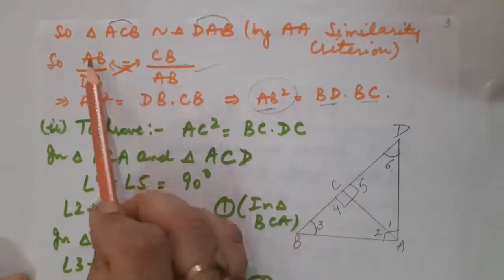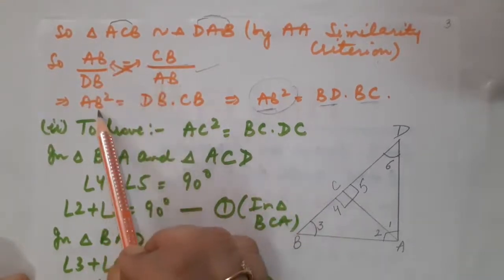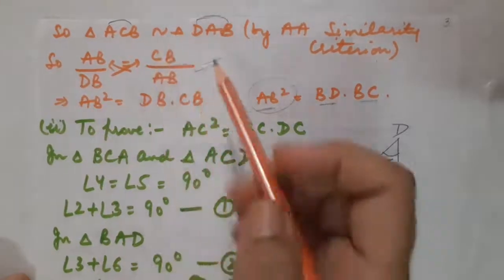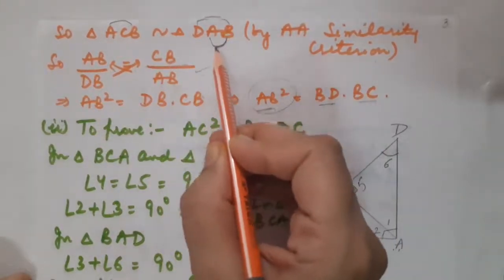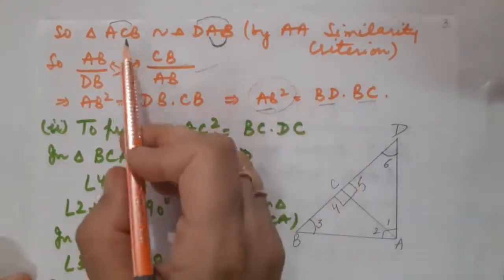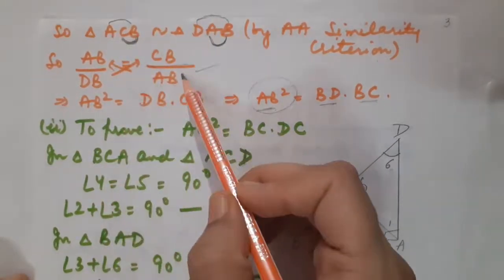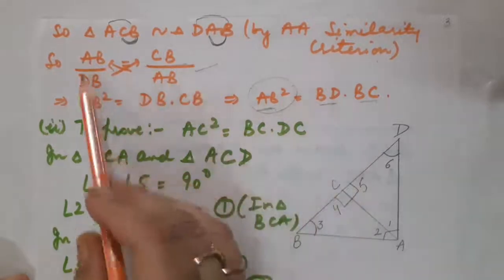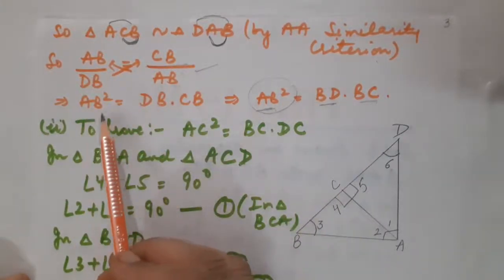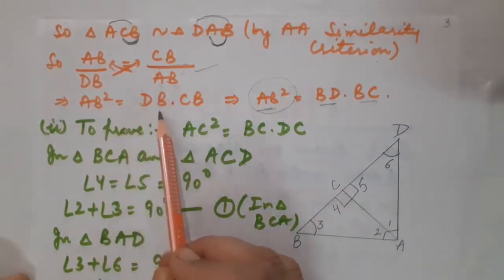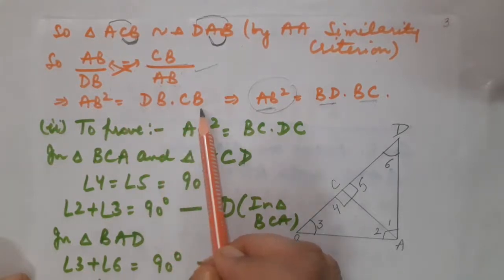Why? So that if I cross multiply, I can get AB square on left hand side. So if I am going to take AB here from the second triangle, so definitely I have to take CB here. Correct? So this is equal to CB upon AB. While cross multiplying, I have got AB square is equal to DB into CB.